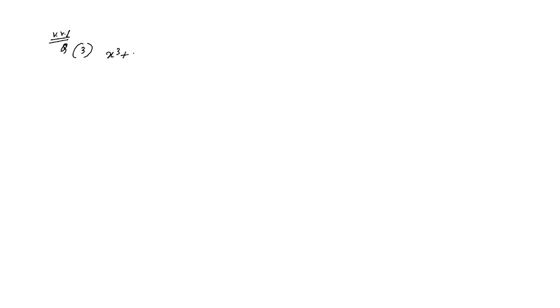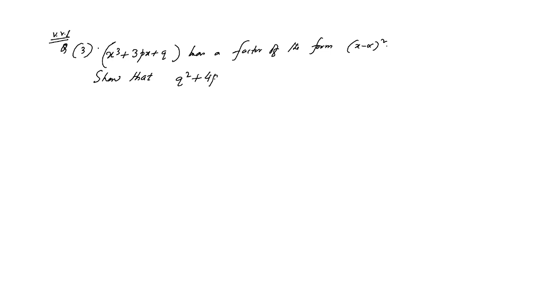The question is: x cube plus 3px plus q has a factor of the form (x minus alpha) whole square. Show that q square plus 4p cube equals 0.